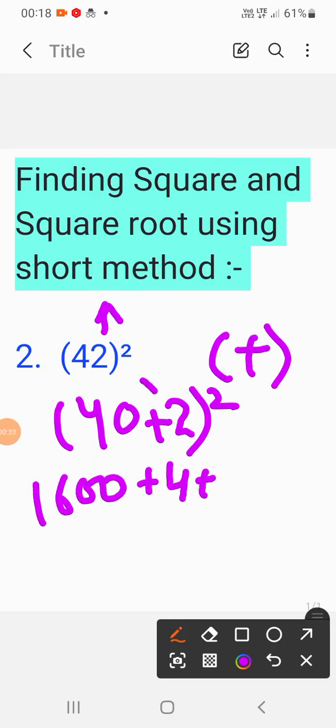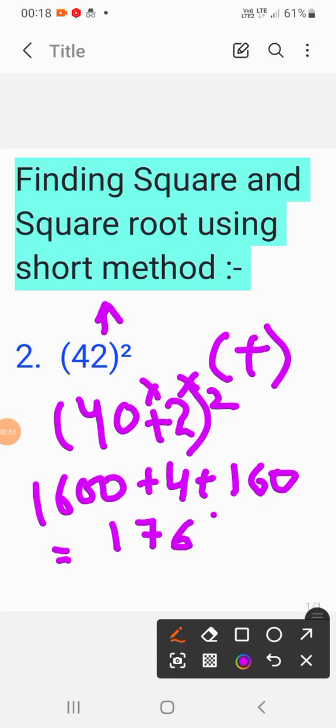And 40 into 2 into 2. So 40 into 4 would be 160. After solving this, we get 1764, which would be the answer.